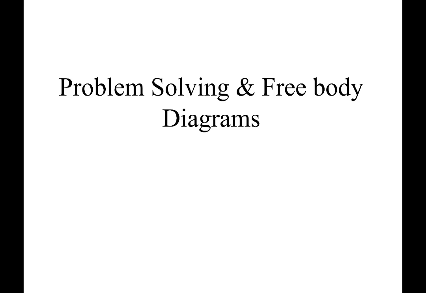The most important part in chapter 4 is going to be solving problems and the free body diagrams, which we in short call FBD. What are free body diagrams? Free body diagrams are the representation of forces in the form of vectors. So if I have a vector and I'm pushing, I can name it the force of push.